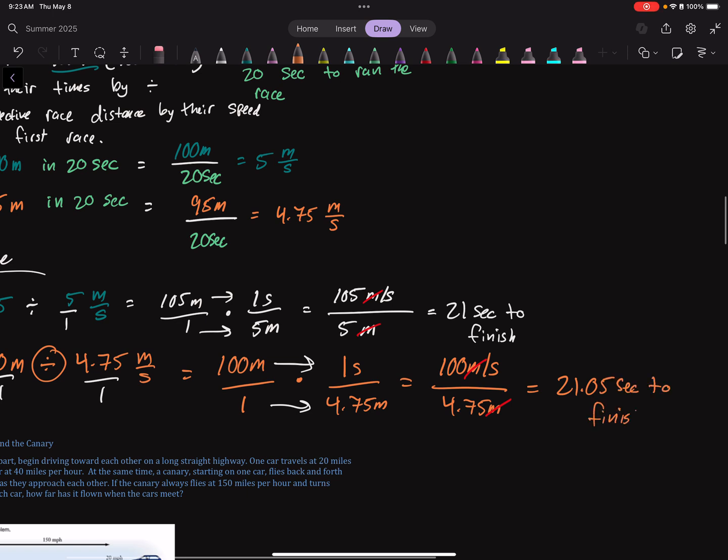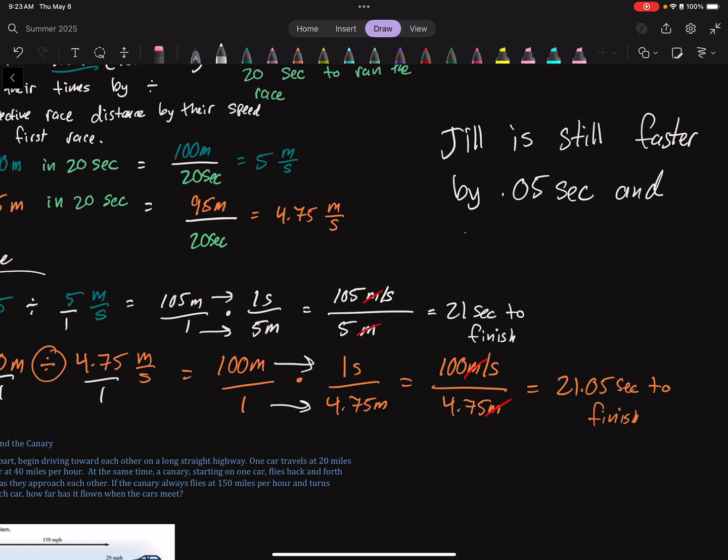So it takes Jack still longer to finish. So what this means is Jill is still faster by 0.05 seconds and will still win the race.